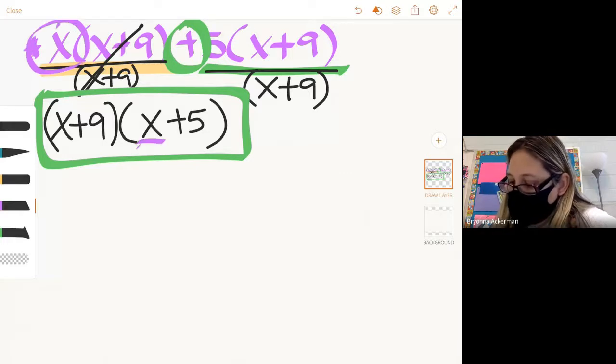And so it went here. And then when I divided by x plus 9 over here, the plus 5 was left. So it went here.